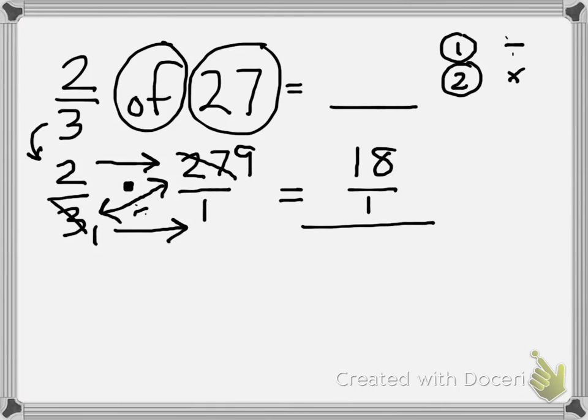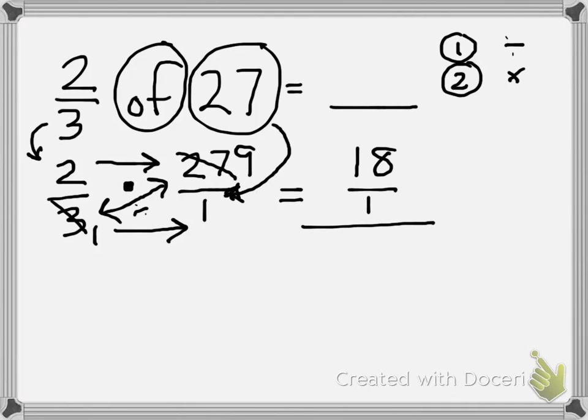Now, if you remember way back here with that silly 27, if you want to make a whole number into a fraction, you simply put the whole number over 1. And as you can see from our 18 over 1, we have that same idea represented here.